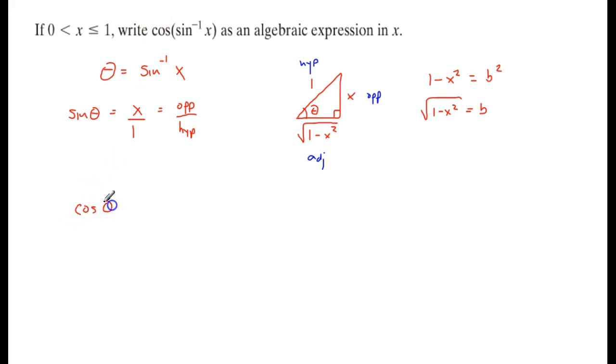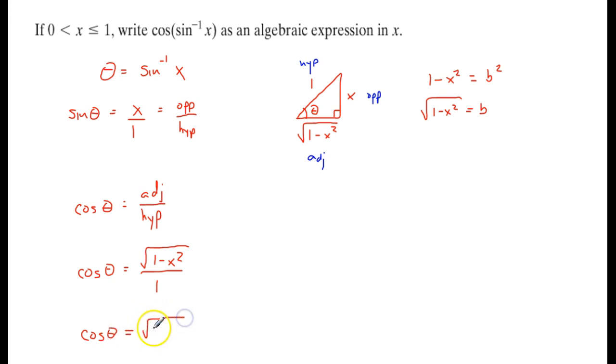I need adjacent over hypotenuse. So for cosine, I need adjacent, the square root of 1 minus x squared, over the hypotenuse. The hypotenuse is 1. So the cosine of the angle is just the square root of 1 minus x squared.